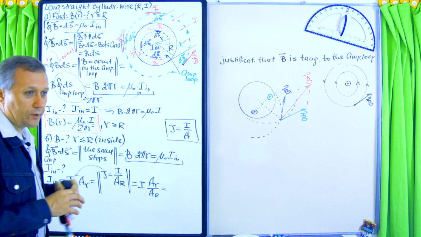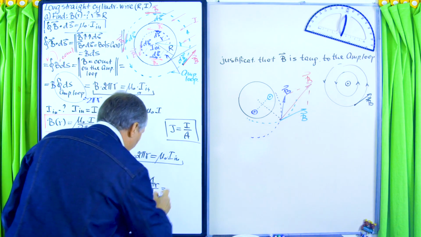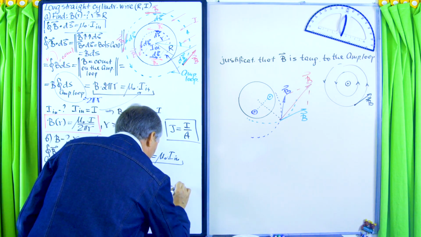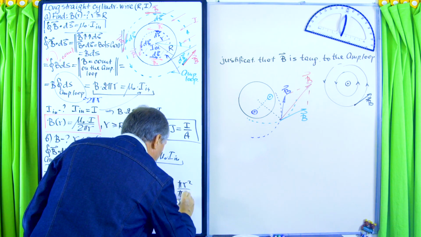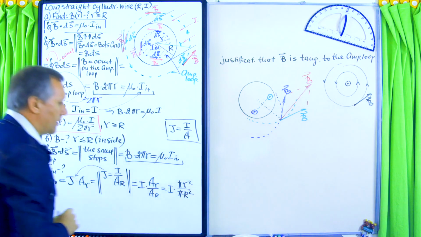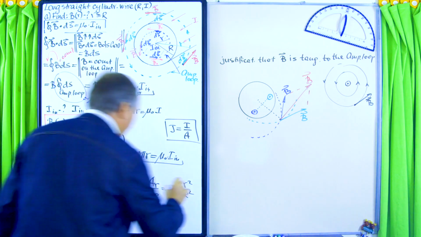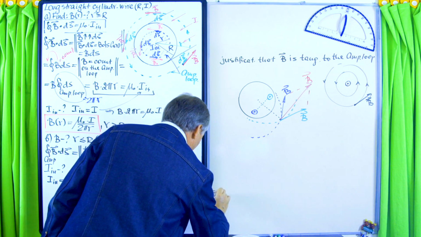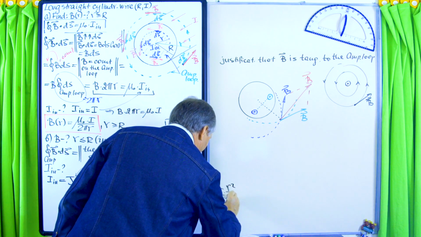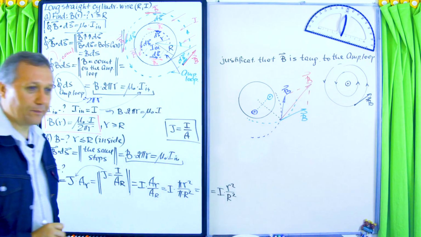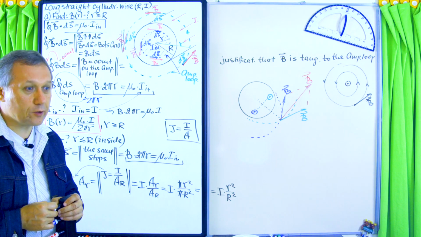Just the wrong formulas, which is not very good. So I times pi r small squared divided by pi r capital squared. I need to invade this part of the board, which is not good, but not too bad. So that's the amount of enclosed current.